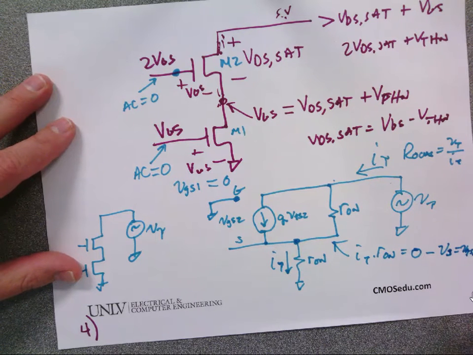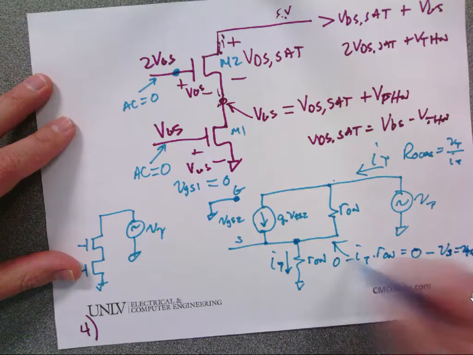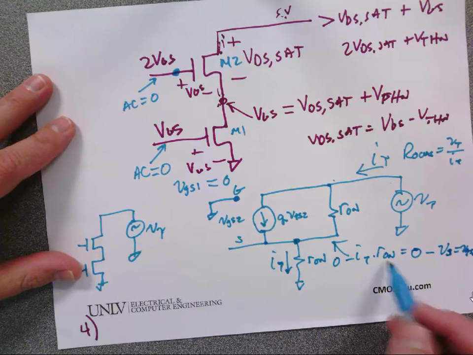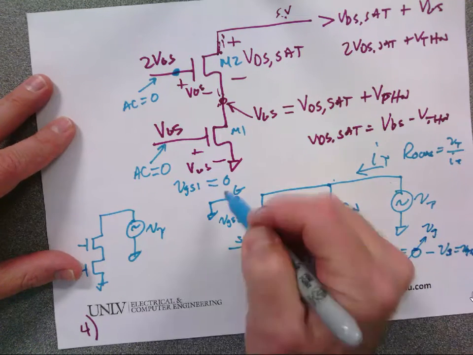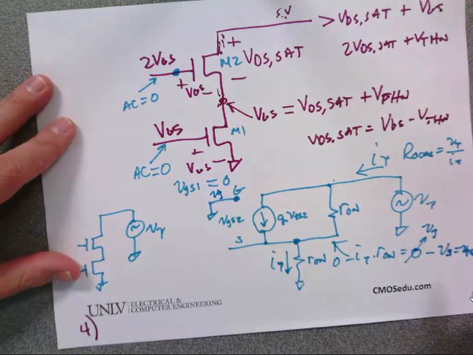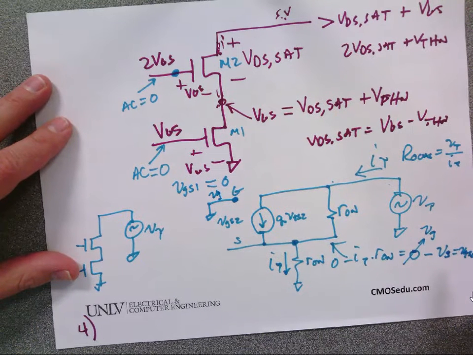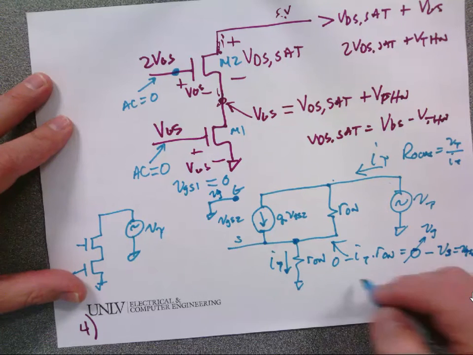Does everybody agree with that? 0 minus V source is equal to VGS, because what is 0? Is everybody cool with that? VGS is equal to minus I_T R_out1. Yeah, here, we'll write it nice and neat.